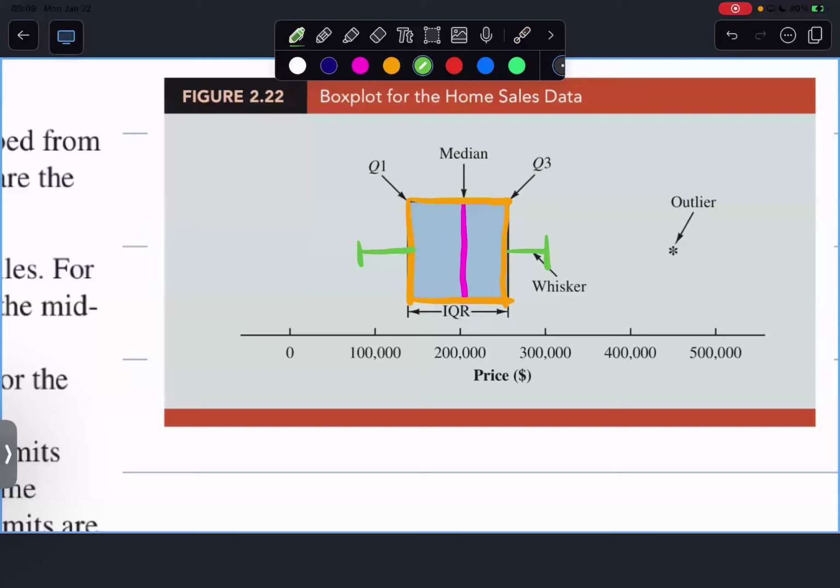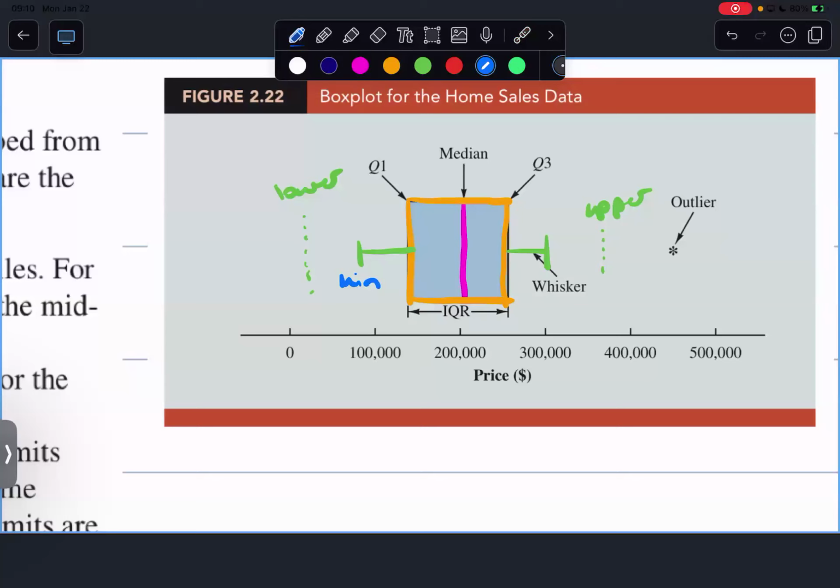So let's say you found your upper bound is here, and maybe your lower bound is here. Right? You took 1.5 times the interquartile range, subtracted it from Q1 to find the lower bound, and then there were no data points past this lower bound. So then where I draw my whisker to is just the minimum value. So this here is the minimum value.